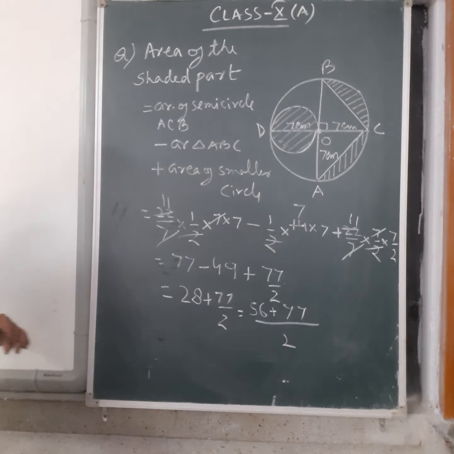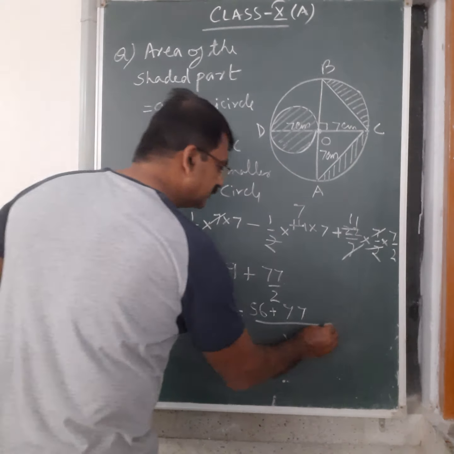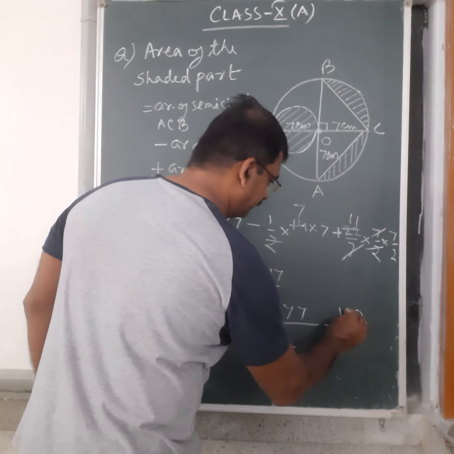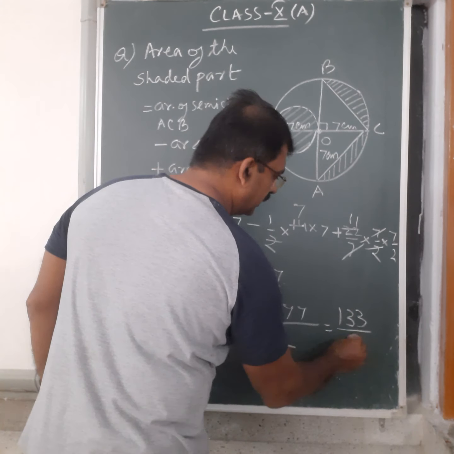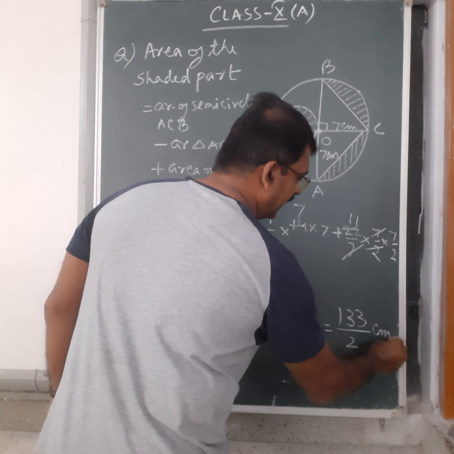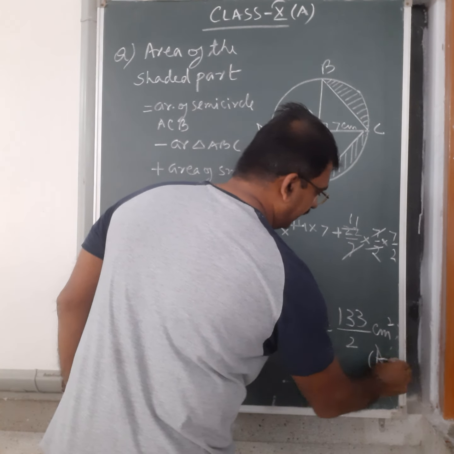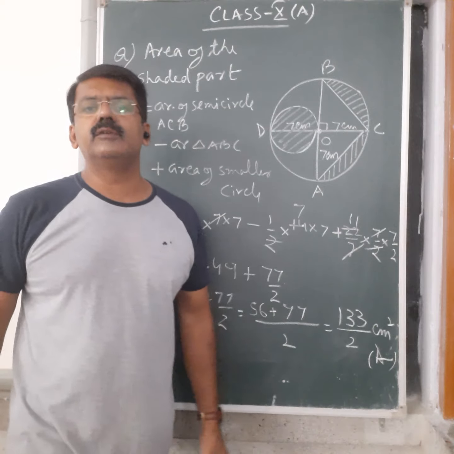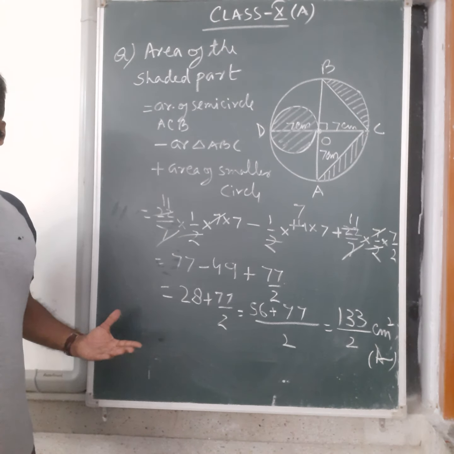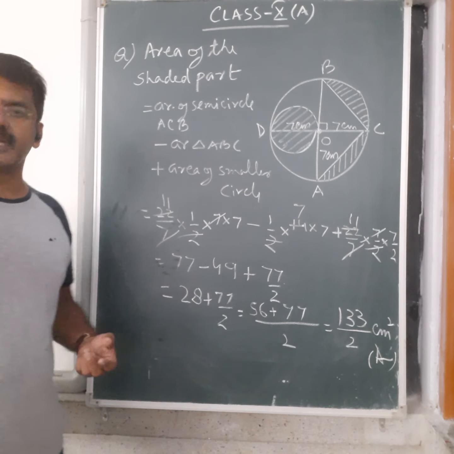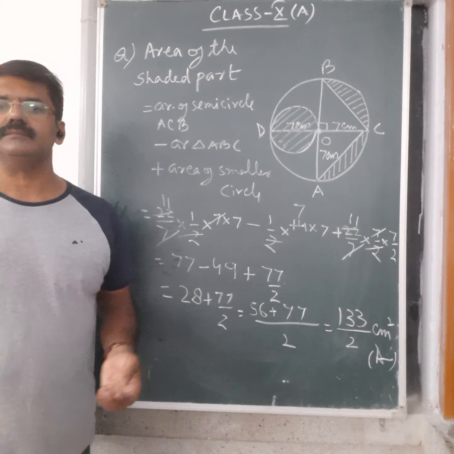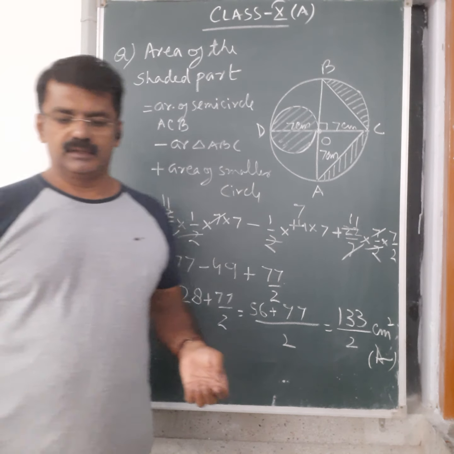Now 56 plus 77, 133 upon 2 centimeter square is the area of the shaded part, and that is your answer. You can leave your answer in fractions or you can convert it into decimals also. Clear?